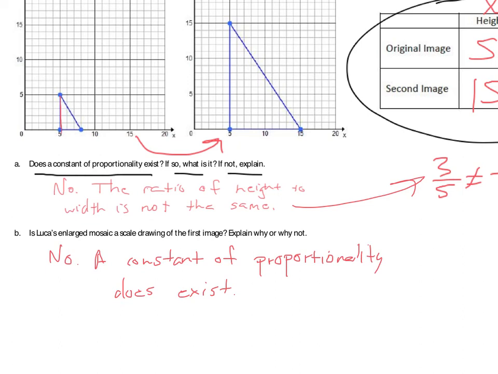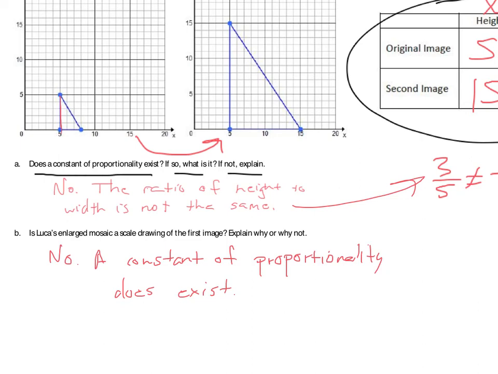So we should be walking away with three main things in our brain today. One, that we know a scale drawing is either a reduction or enlargement of an original picture that happens in a proportional way. All right. So the importance of matching corresponding points will help us identify where we're going to measure from, and so we can see if corresponding lengths of scale drawings have equivalent ratios.